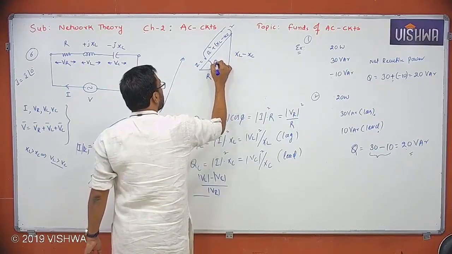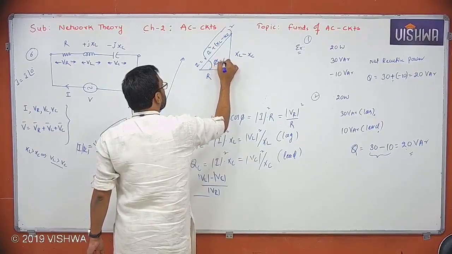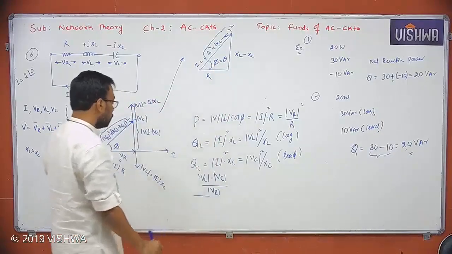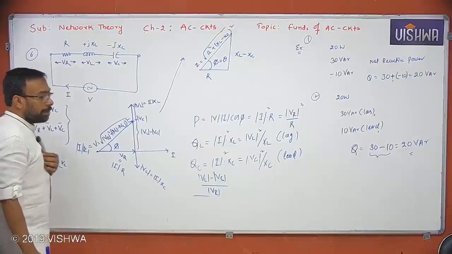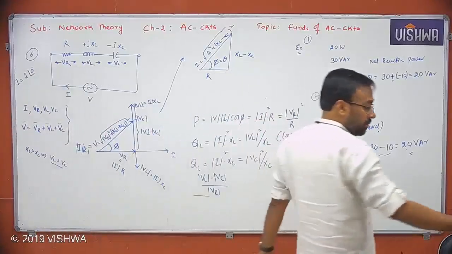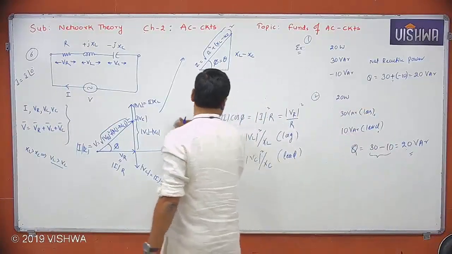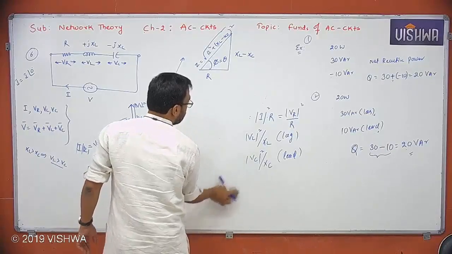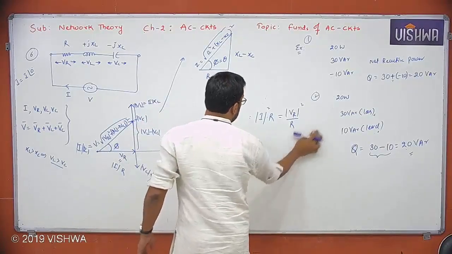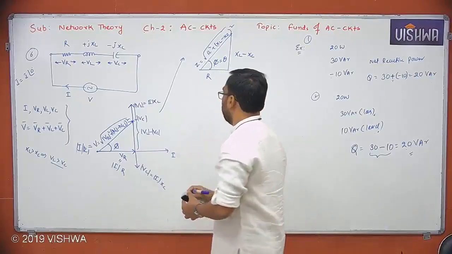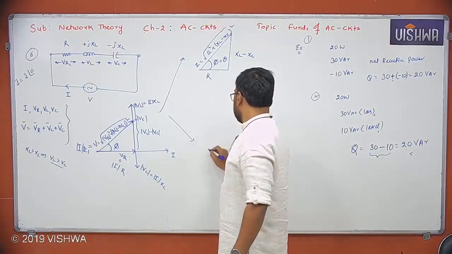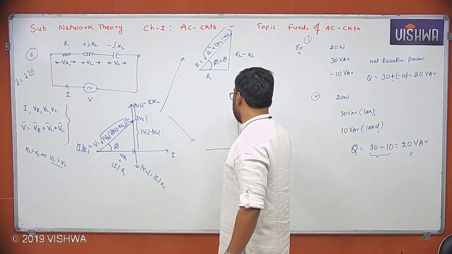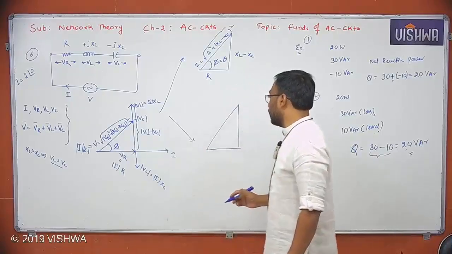Angle theta is nothing but phi; both are the same. Now multiply each phasor by I, as we have just seen. Then you will get, still in the first quadrant, an upper triangle.